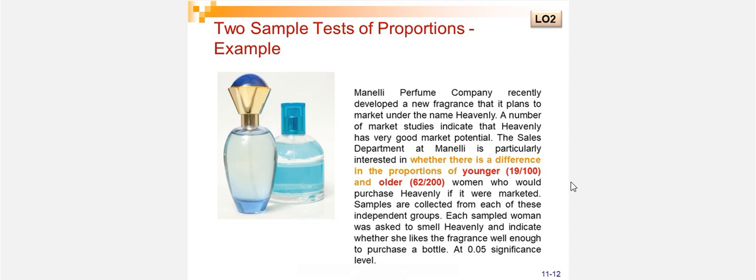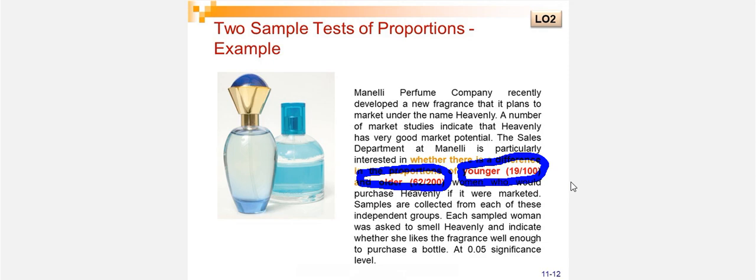The sales department at Heavenly is particularly interested in whether there is a difference in the proportion of younger women, 100 of them, and older women, 52 per 200, who would purchase Heavenly if it were marketed.